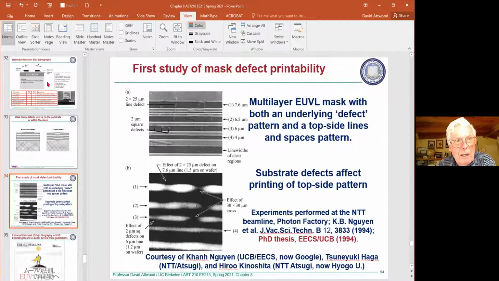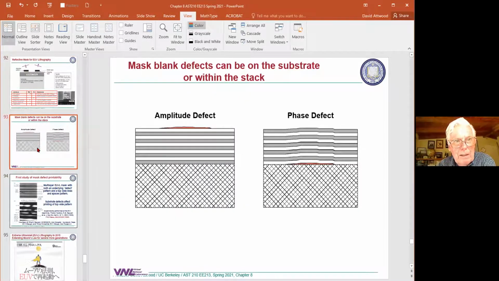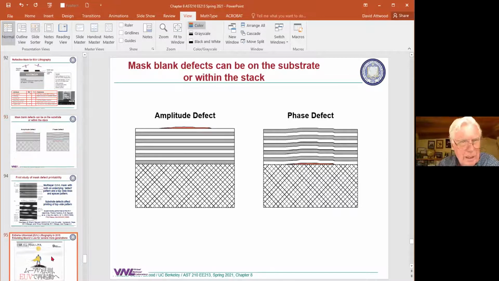So that's a little bit about the mask and a little bit about the wafer. And it remains a big issue for EUV. They've got to improve the way of finding defects, but a big headway was made on this just a year ago. There's a Japanese company that makes an EUV source where you can look for defects in your mask before you spend a lot of time in the lab.